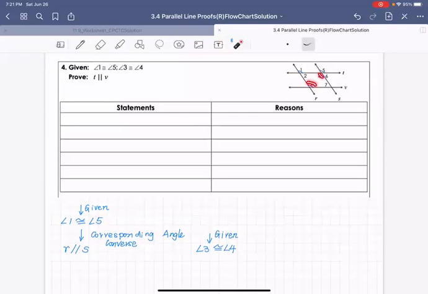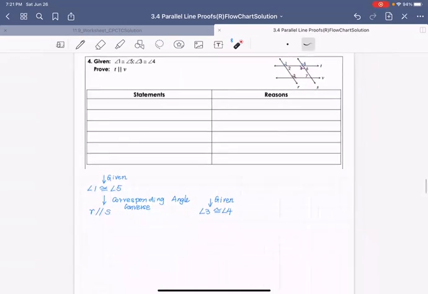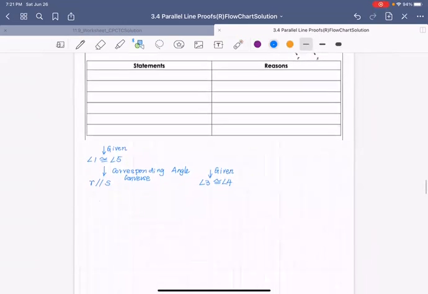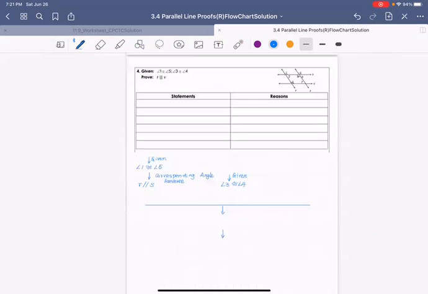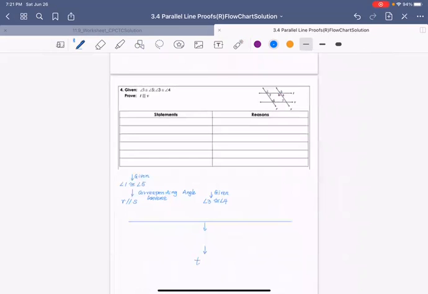We already know these two angles, so we can go ahead and say angle 4 is also congruent to angle 5, right? Because look at here, the bottom line is we want to draw the destination. The destination is to say T is parallel to V. This is our final destination.